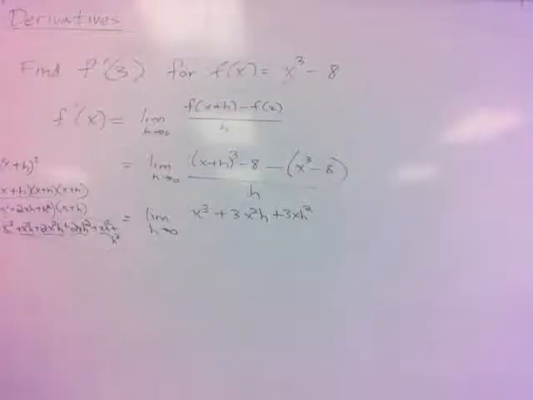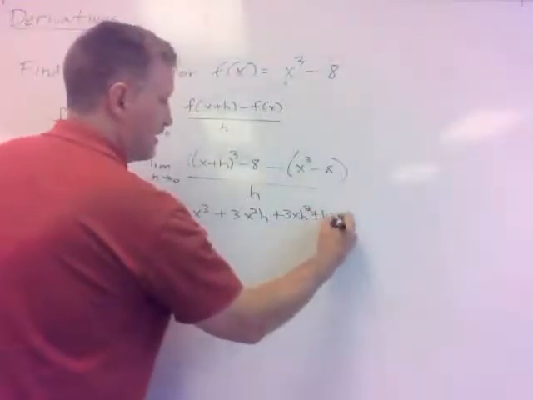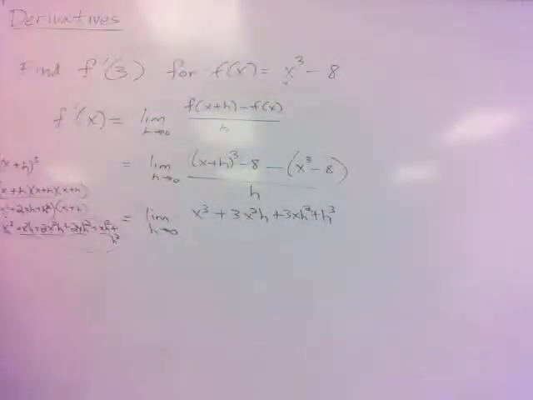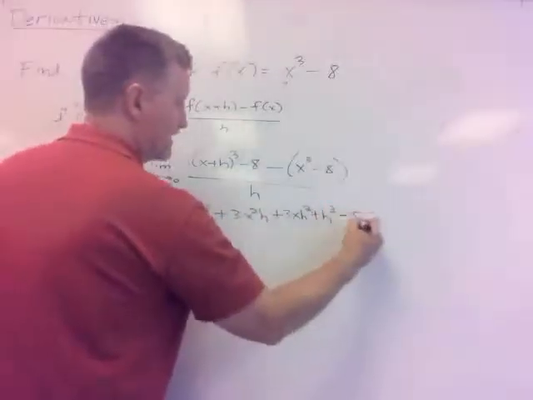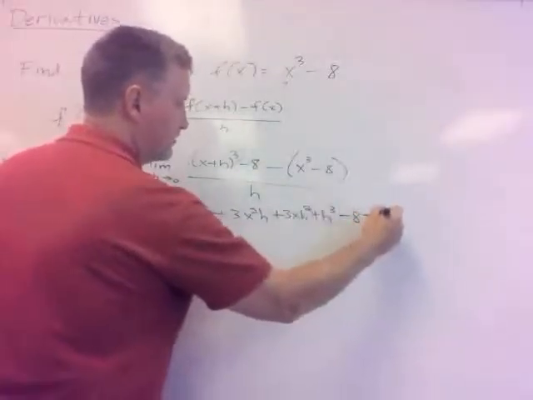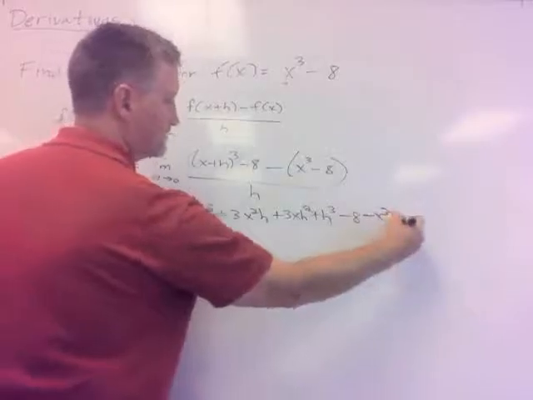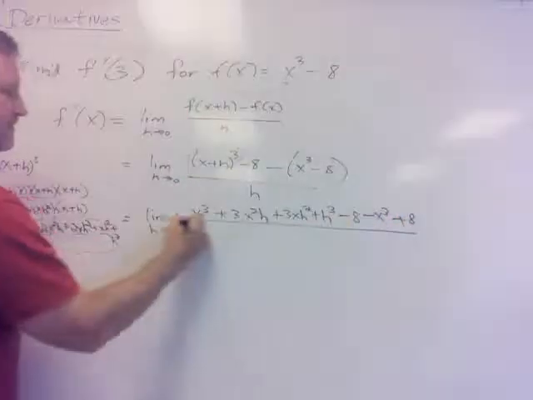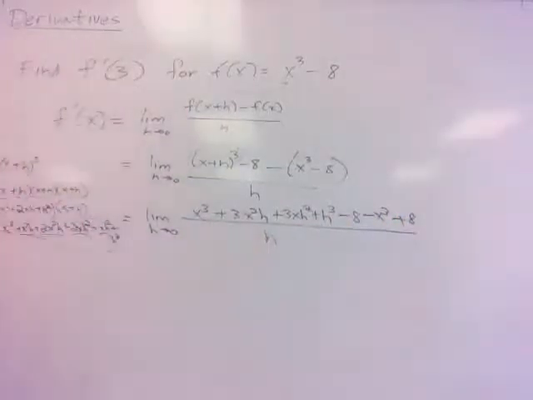And then h cubed. All that for x plus h cubed. Then I've got minus 8, then minus x cubed, and then minus minus 8, so that's plus 8. How's that sound? With me so far? Okay.